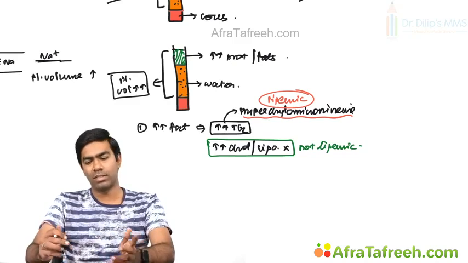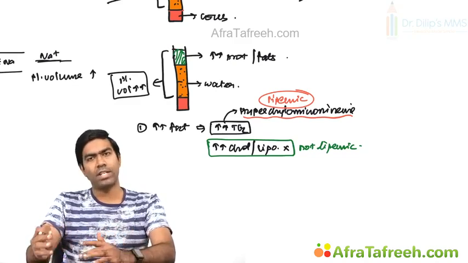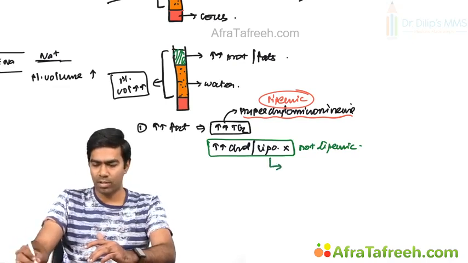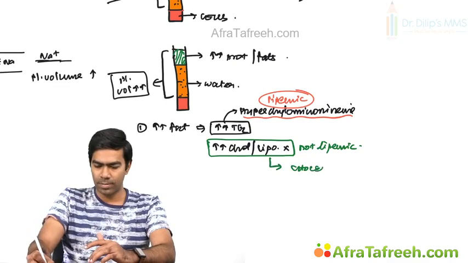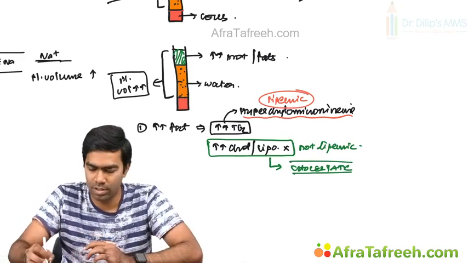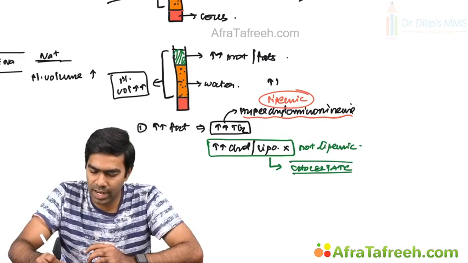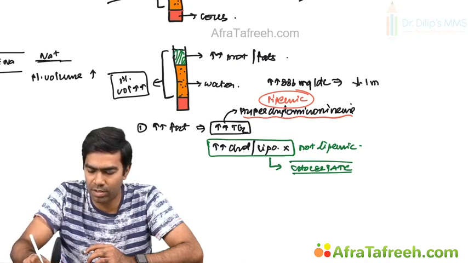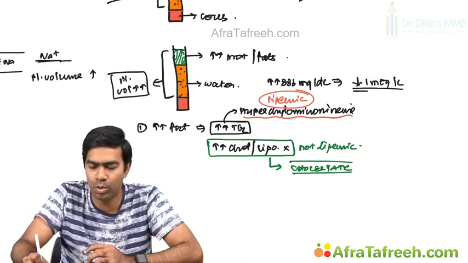Whereas excessive cholesterol and excessive lipoprotein X usually happen in cholestatic states. I can also tell you a very interesting association: for every 886 milligrams per deciliter increase in the triglycerides, there will be a 1 milliequivalent per liter fall in the serum sodium, spuriously.